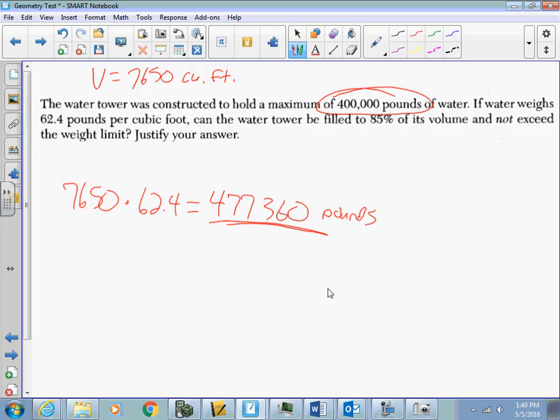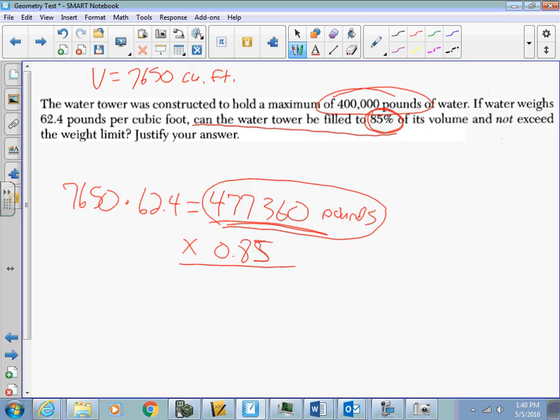But according to this problem, this water tower cannot be filled because if you filled it, it would exceed the weight limit. But what it's asking is, can it be filled to 85% of its volume and not exceed the weight limit? So we have to take this total weight and multiply by 0.85, which is 85%.